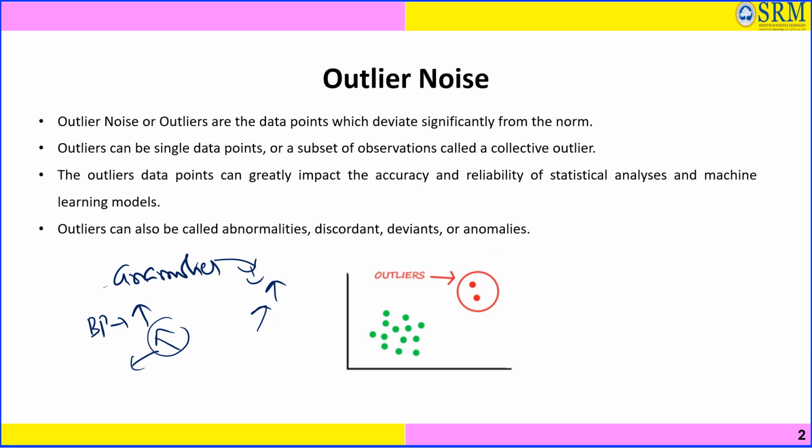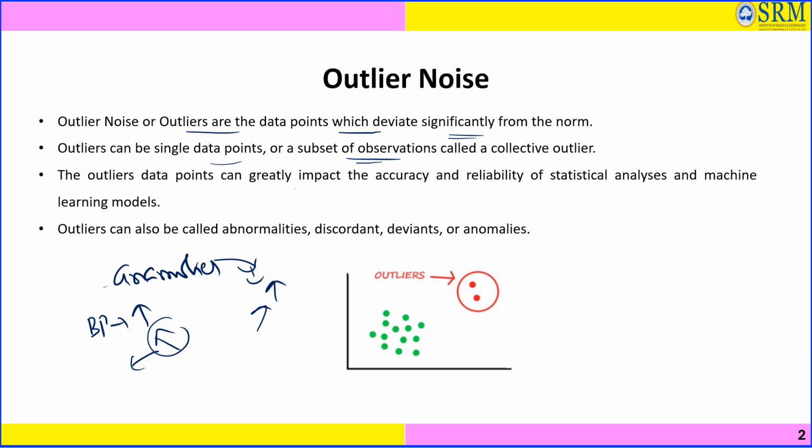So we are going to see that, and how we are going to address it, or how we find whether a particular data point is an outlier. Okay, so outliers are the data points which deviate significantly from the norm. Outliers can be a single data point or a subset of observations.